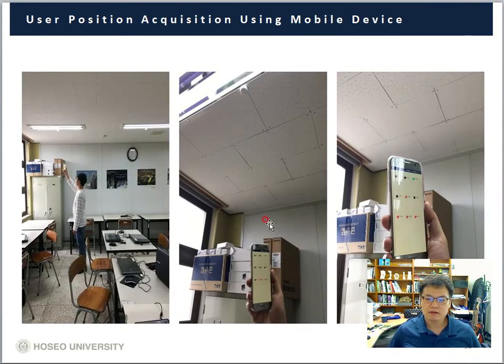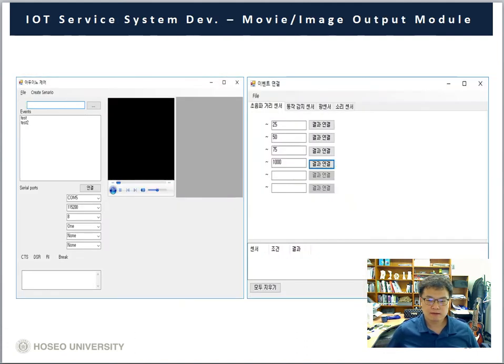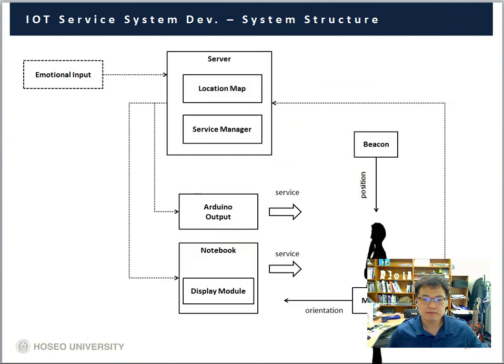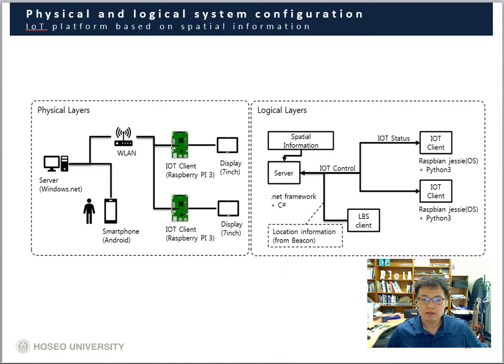We have a mobile device for location and the user profile, the user's position, and this output module. This is the IoT service system structure, server network, and mobile, the emotional input. This is the physical and logical system configuration.